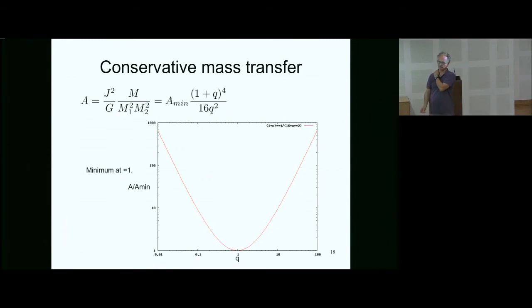So when we have mass transfers with Q very far from unity, we can expect that the system will undergo some really violent, potentially violent episodes.